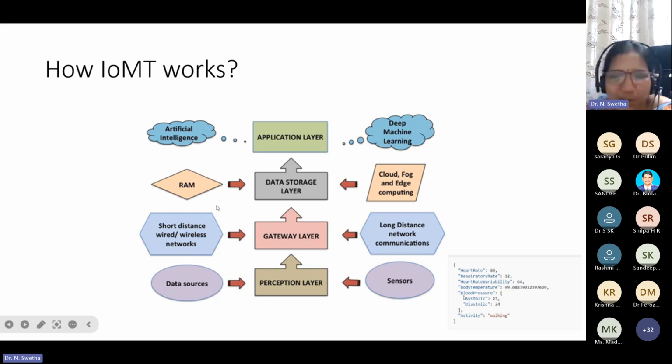Through a virtual private network. Instead of using cloud, we have the servers in a remote location, and every day you are not transferring, you're accessing the data from the server. That is the data storage, which plays a huge role in IoMT.